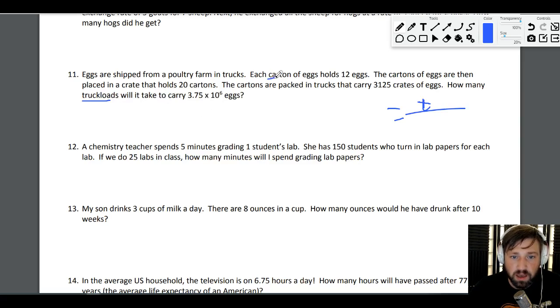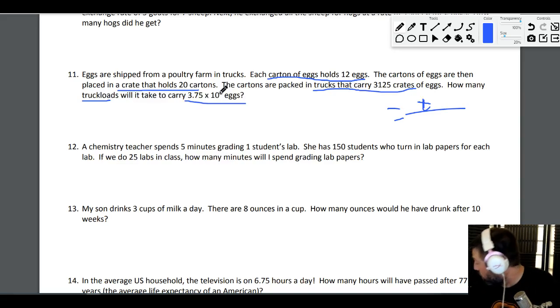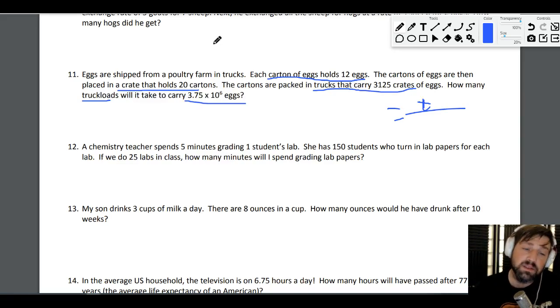We know that a carton holds 12 eggs, and then 1 crate is 20 cartons, and then a truck is 3,125 crates. Okay, and then the last thing we have is the number of eggs. All right. So again, in the end, we want trucks.